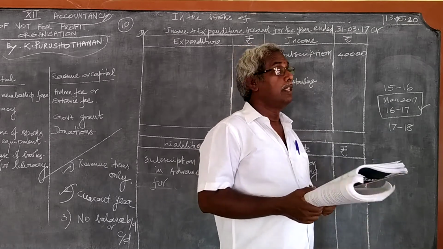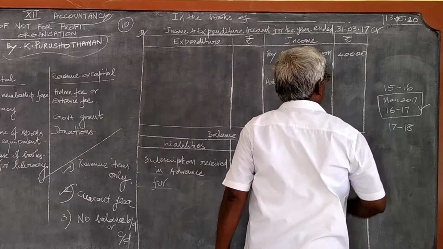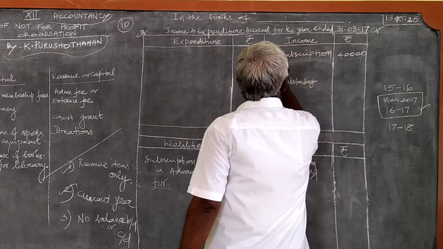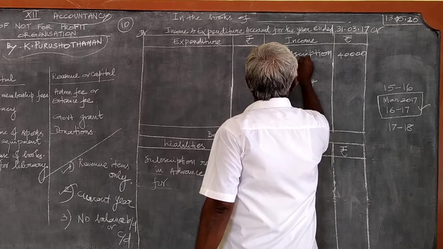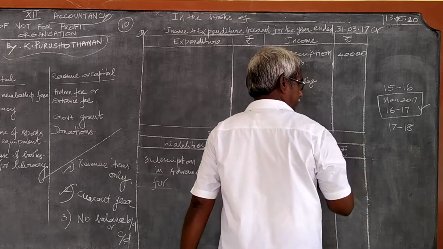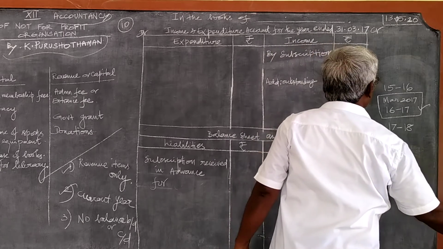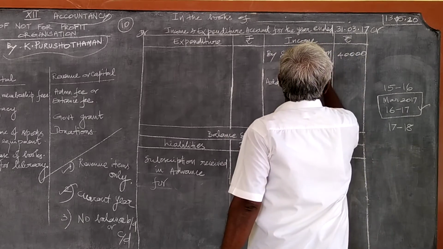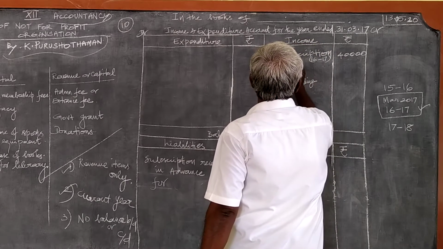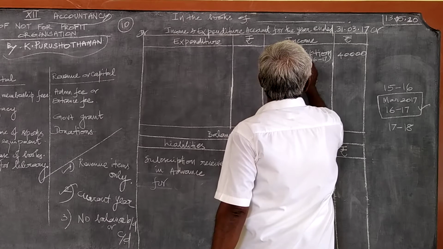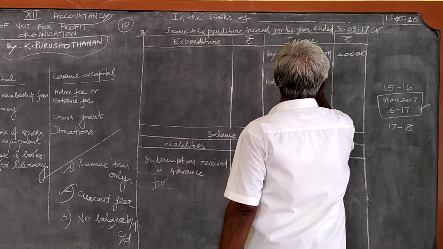So the amount received during this year is 40,000, but this includes the 15-16 subscription, which is 5,000, and also the 17-18 subscription.